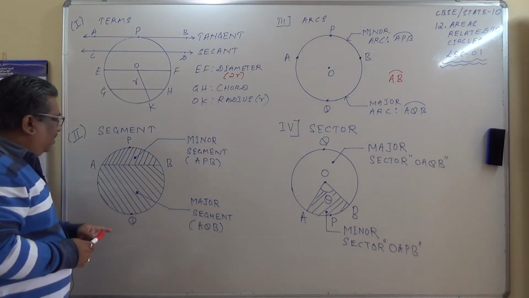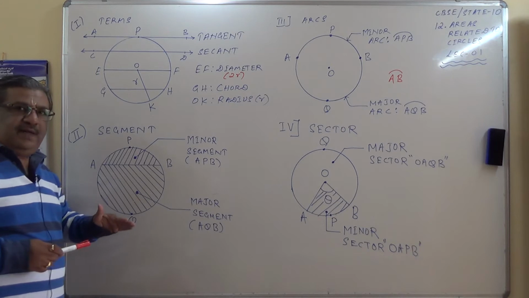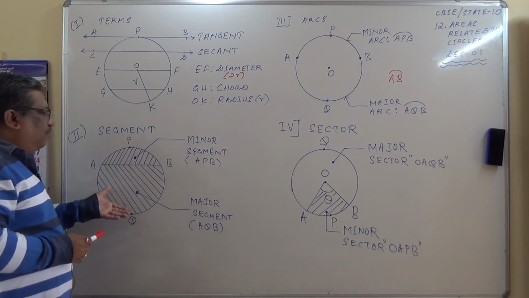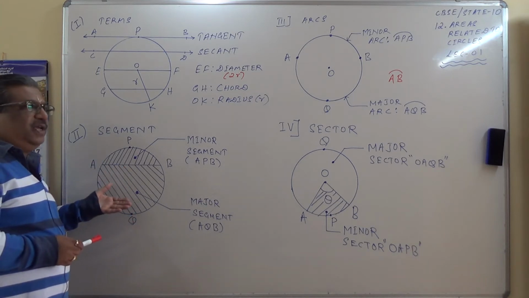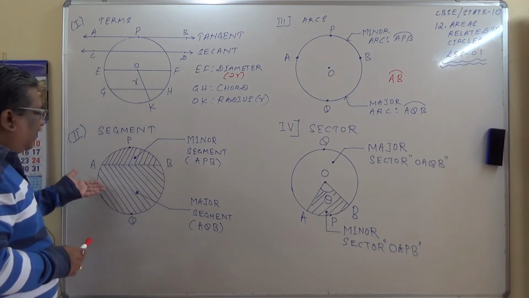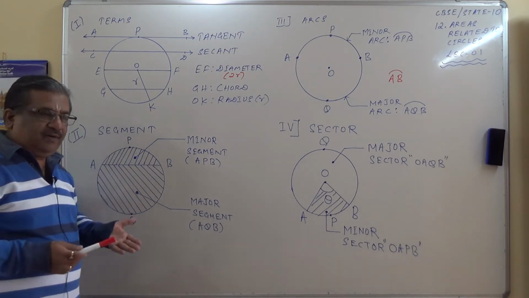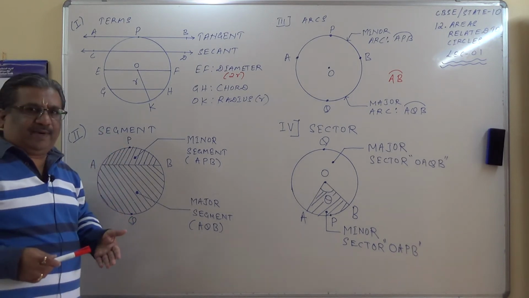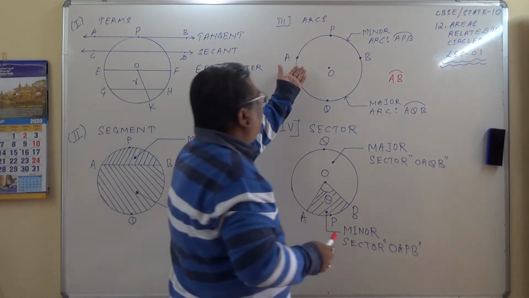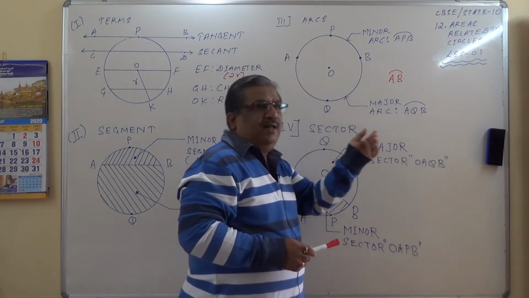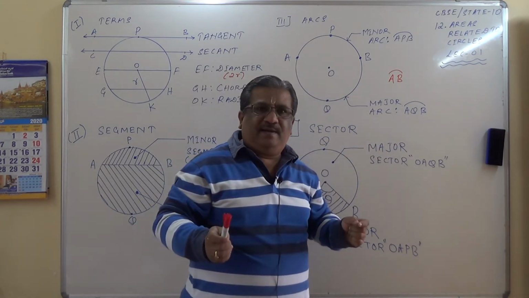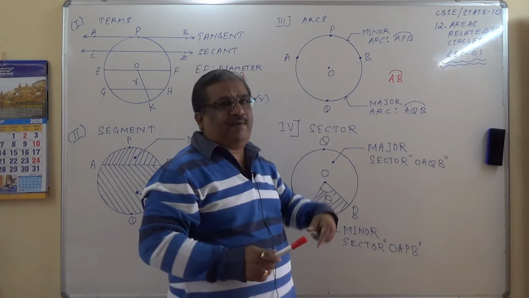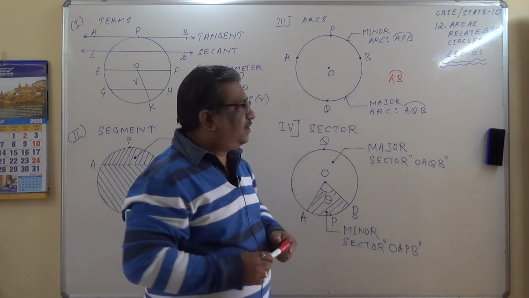Here also, which chord divides the circle into 2 equal halves? The diameter is the largest chord and the diameter divides the circle into 2 equal segments. Similarly here, if I take the diameter, the diametrical end points divide the entire circumference into 2 equal halves.